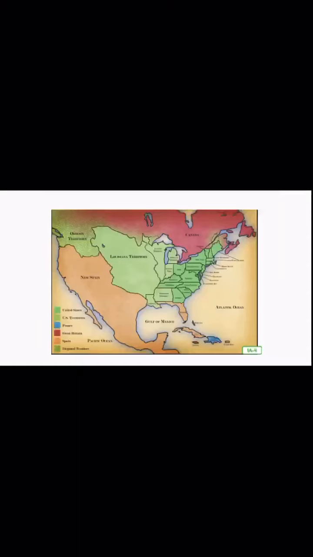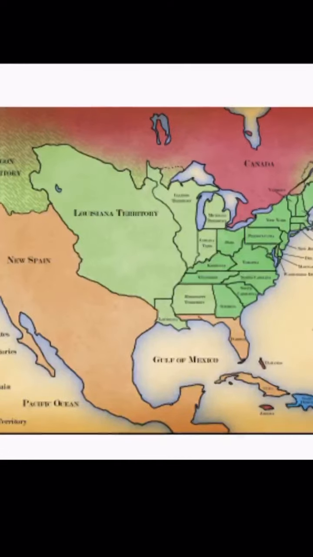These new territories were also settled. In 1803, President Thomas Jefferson purchased the Louisiana Territory from France. There it is. Okay, this purchase more than doubled the size of the United States.